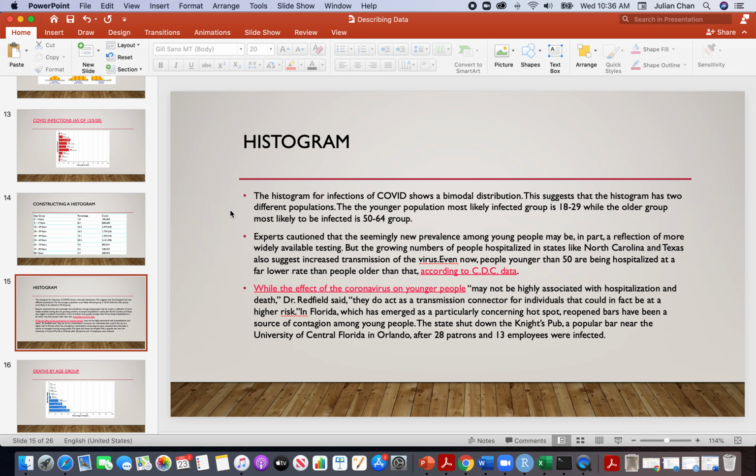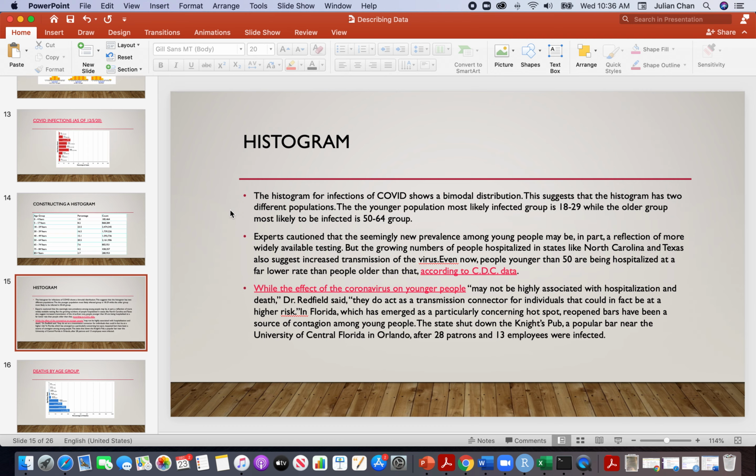But the growing numbers of people hospitalized in states like North Carolina and Texas also suggest increased transmission of the virus. Even now, people younger than 50 are being hospitalized at a far lower rate than people older than that.